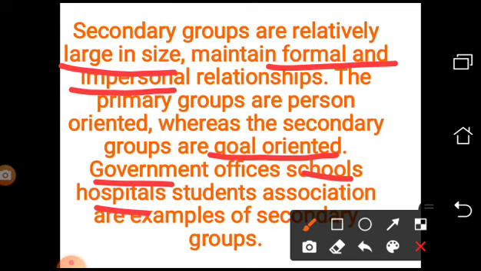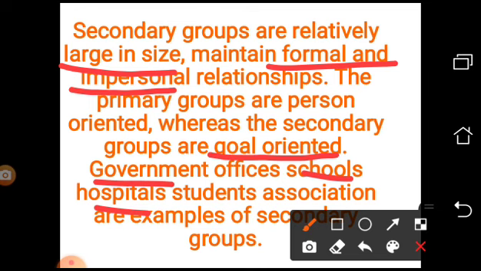But in our family, we do not maintain this kind of formality. We do not need to wear any particular dress to talk to our parents or our siblings. It's not like that. It's a very informal way. It's not that every time you need to take permission for doing this or that, whether to eat or not, like that.